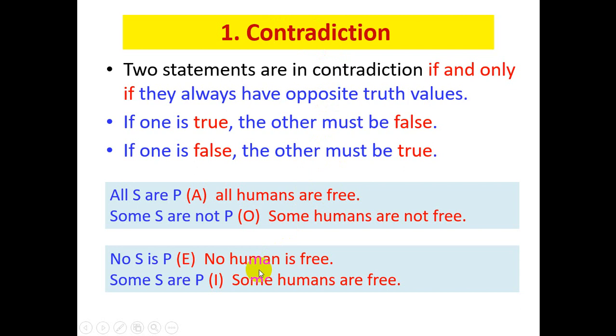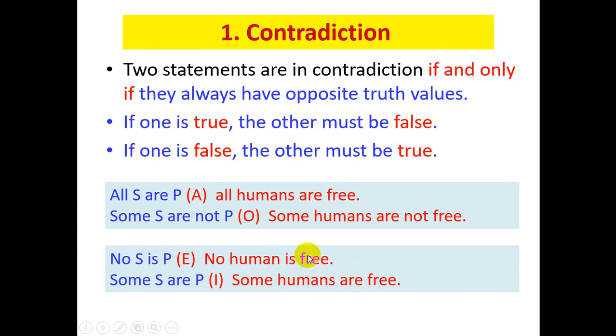The same for this example. No S is P, like no human is free, and some S are P, some humans are free. If no human is free is true, this is false, and if some humans are free is true, this is false.